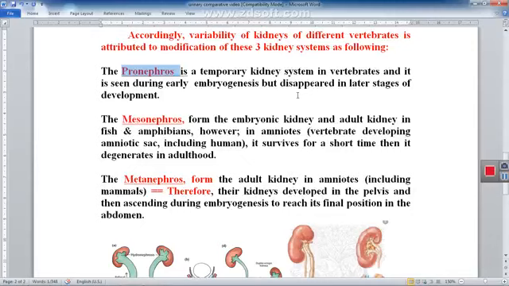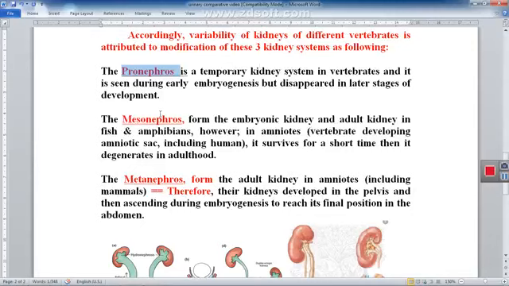So the pronephros in vertebrates is a temporary kidney system. It is seen in earlier embryogenesis, but it disappears in later stages of embryonic development of vertebrates, of course.